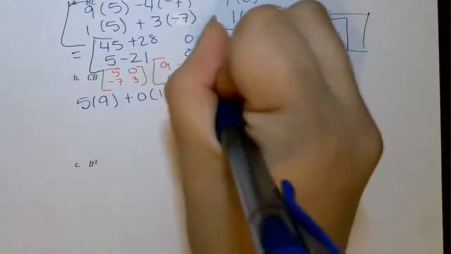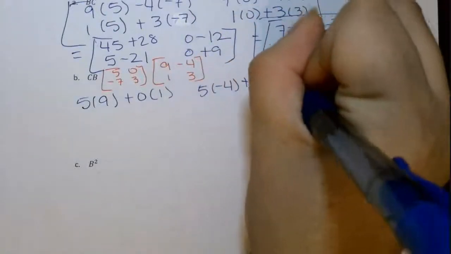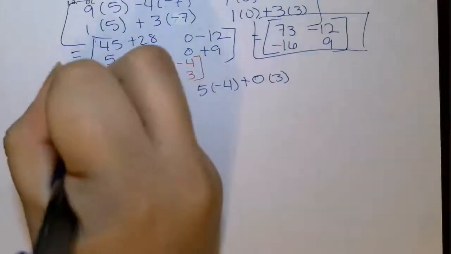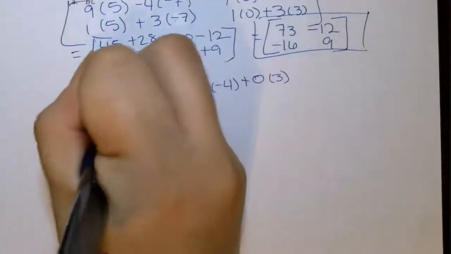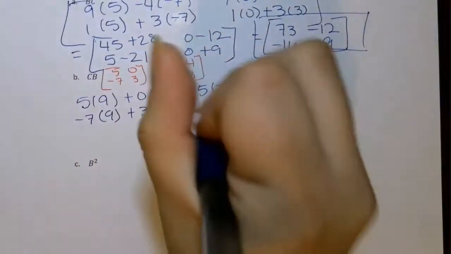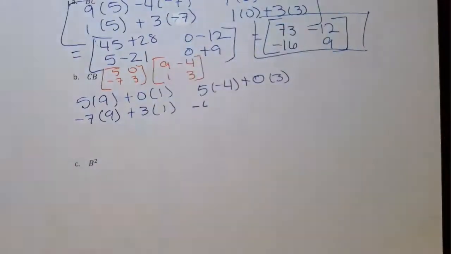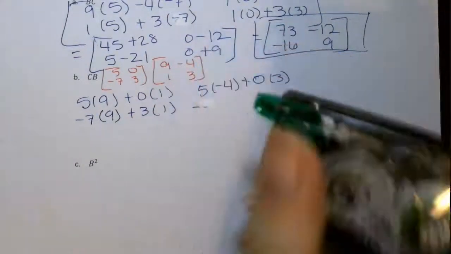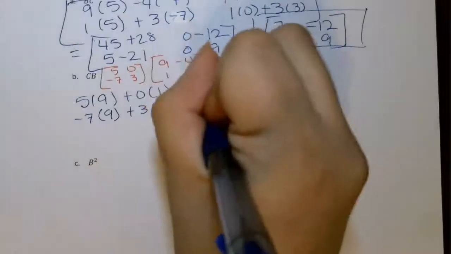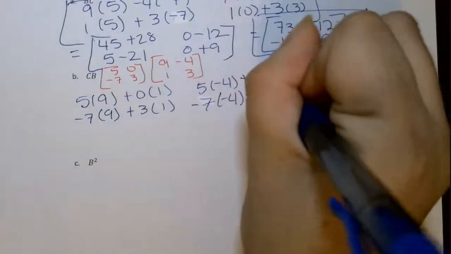Then I have 5 times negative 4 plus 0 times 3. On the bottom, I have negative 7 times 9 plus 3 times 1. And then on the other corner, I have negative 7 times negative 4 plus 3 times 3.